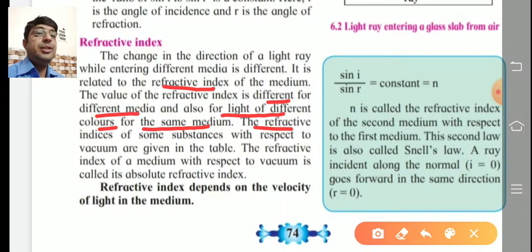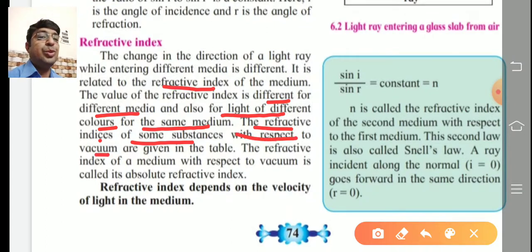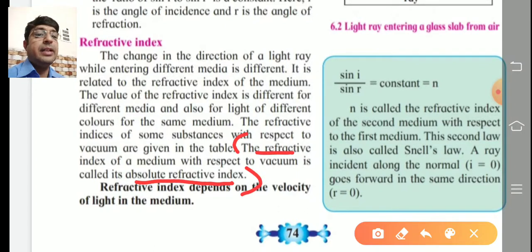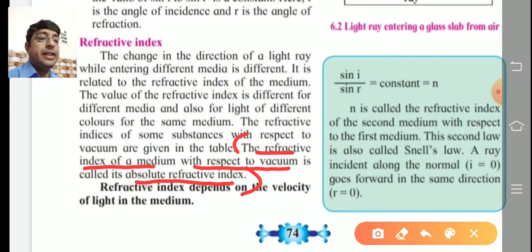The refractive indices of some substances with respect to vacuum are given in the table on the next page. So you mark the definition. Define absolute refractive index. The refractive index of a medium with respect to vacuum is called absolute refractive index. Mark this definition, asking for 1 mark.